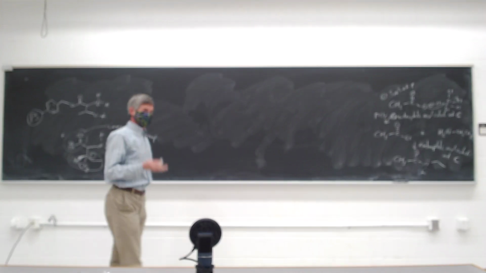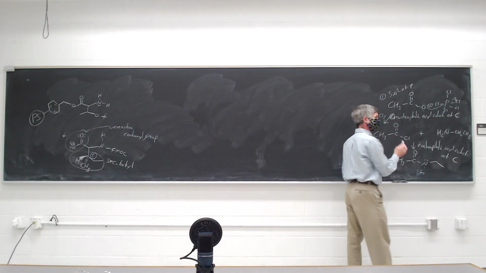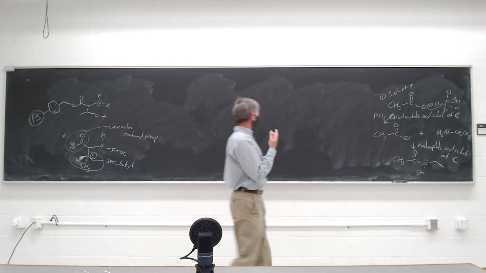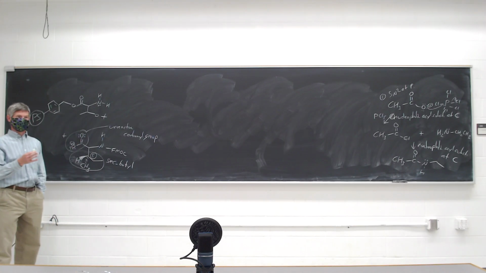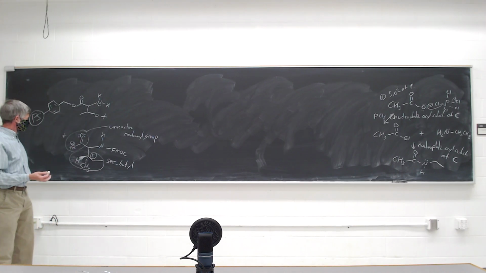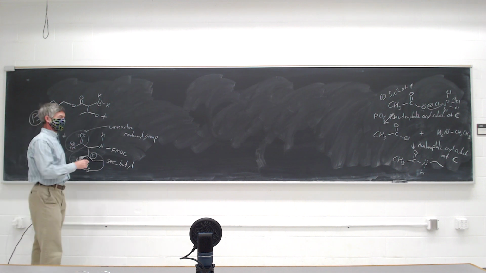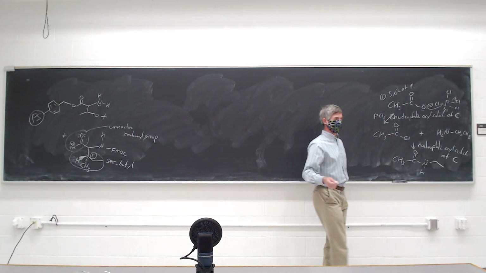That's great, right? When you're working with simple things and you don't have to worry about the fact that you're liberating a ton of HCl in that step and some HCl in that step. But in our case, it's likely that all the rest of the peptide is going to get decomposed by that. So we need a milder way of activating this carboxylate group that doesn't involve the formation of HCl.